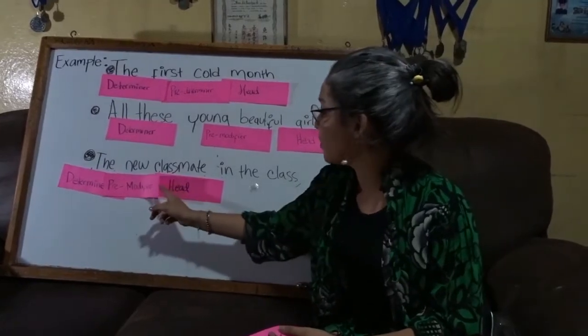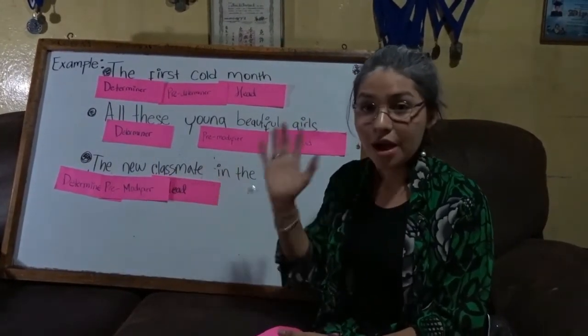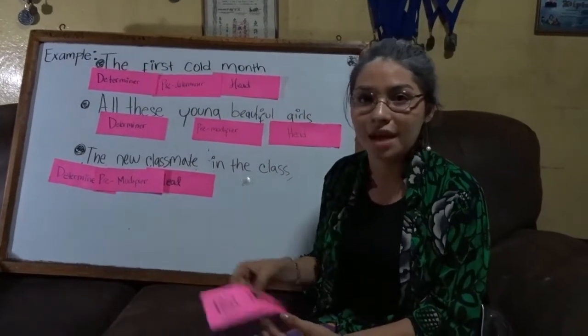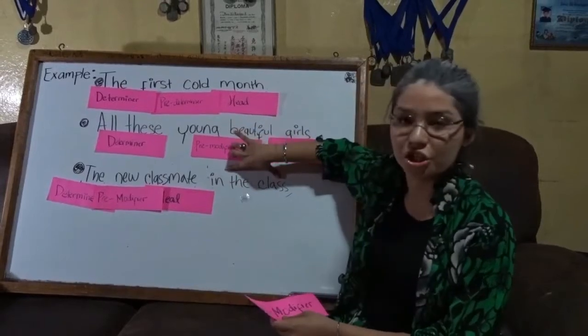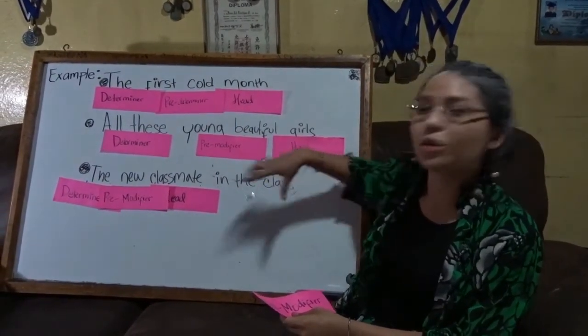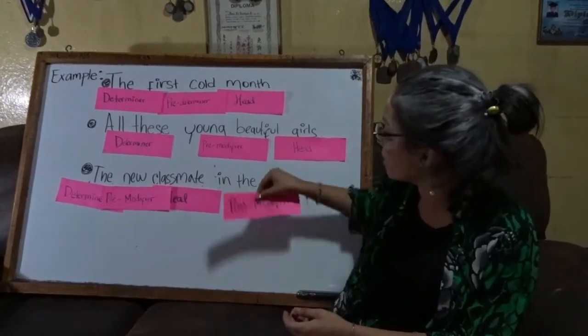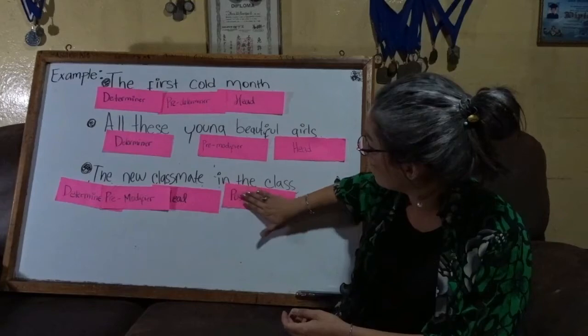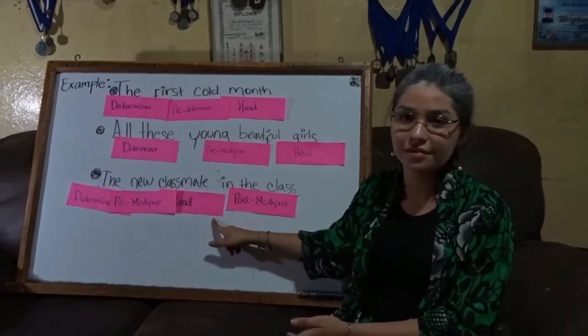Because it's before the head. But in this case, we're going to have something new. We have this section in the class. It could be a complement, but it could be a postmodifier because it goes after the head.